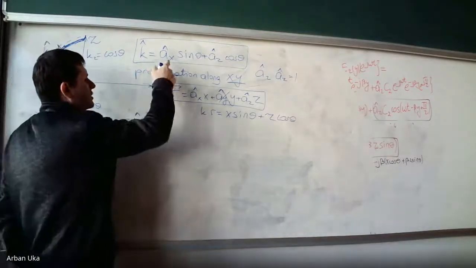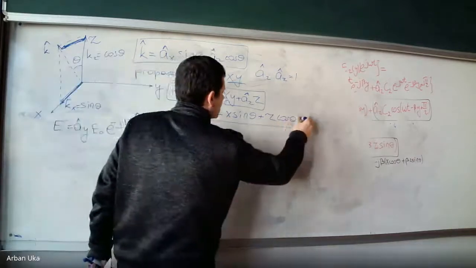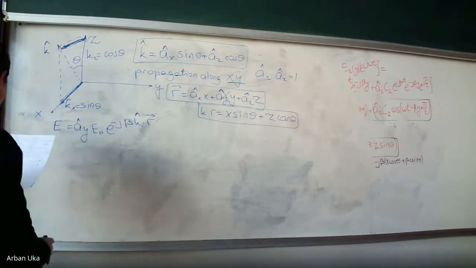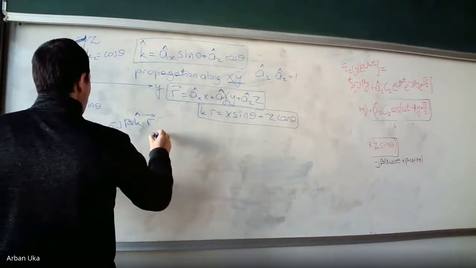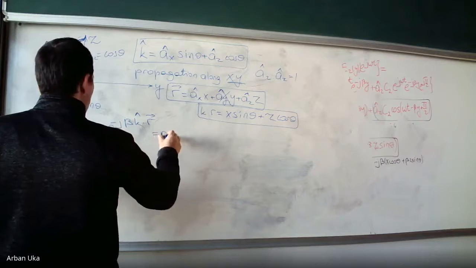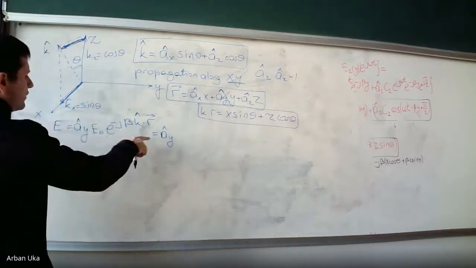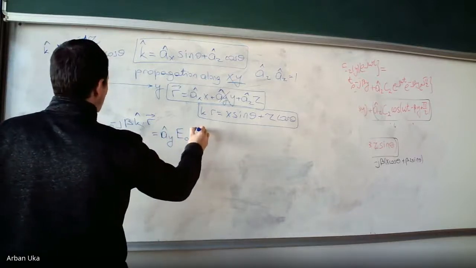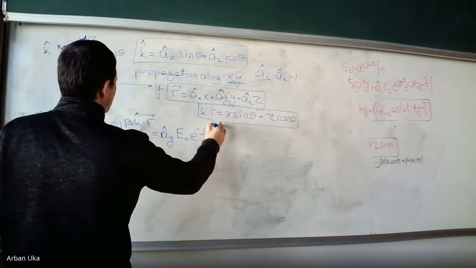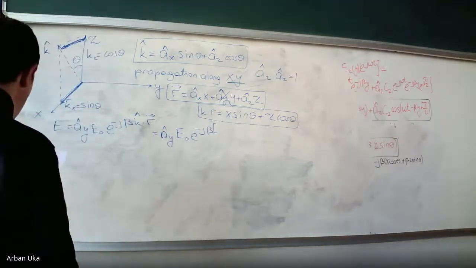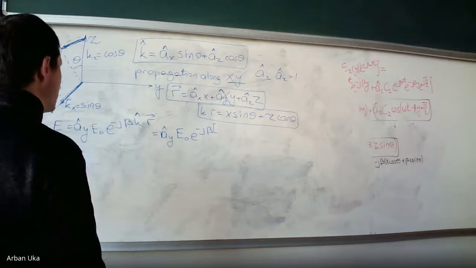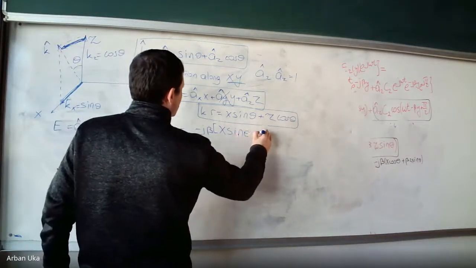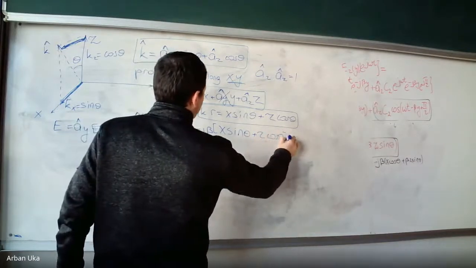So this is the intuition, this is also intuition, the dot product, we get this quantity. Then we move forward and we say that this is equal to ay, which is the polarization of the wave or the direction of the electric field, times E0 times e to the power minus j beta times k dot r, which would be in this case x sine theta plus z cosine theta.